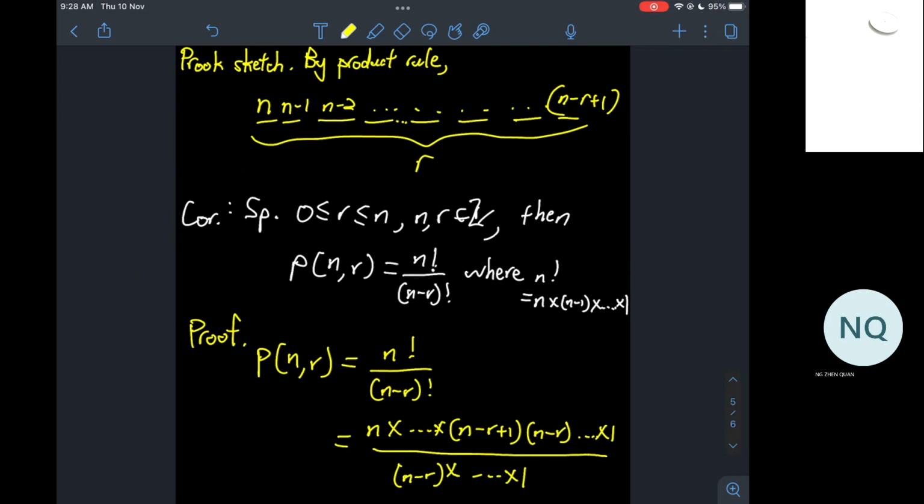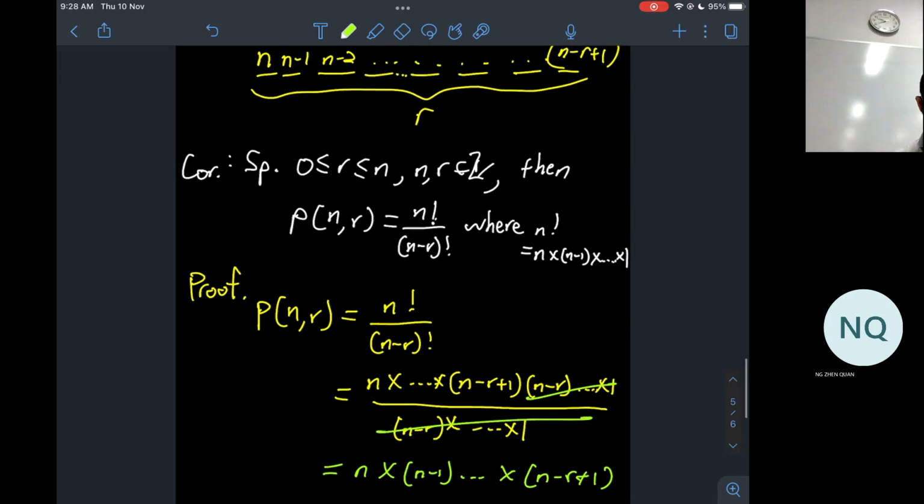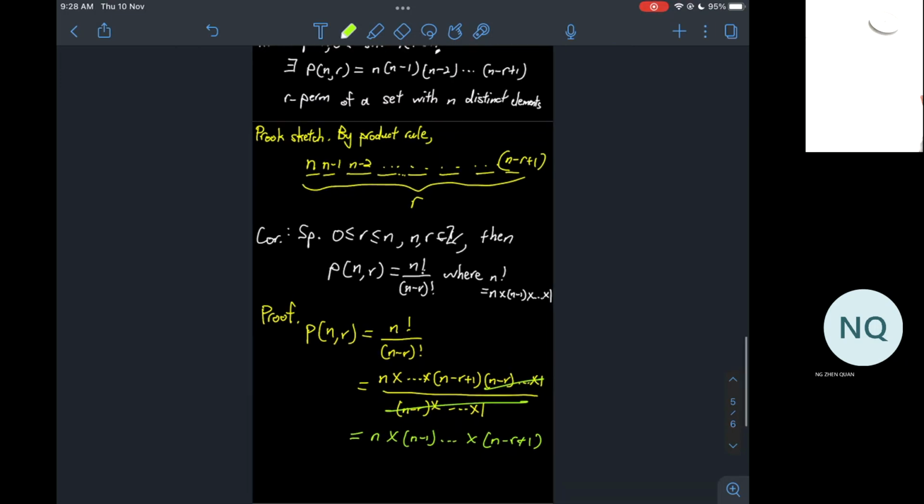So this part here cancels with this part, and you are left with the formula. This is an easier presentation instead of writing a long product.